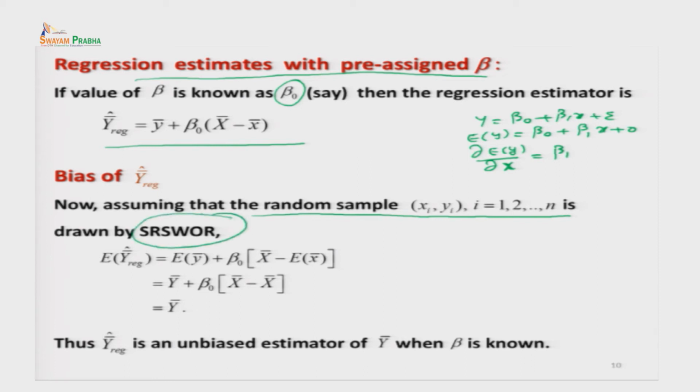When we assume the sample is drawn by SRS WOR, then at various places, whenever you want to take the expectation or the variance, you have to use the corresponding outcome. Suppose I decide to use simple random sampling with replacement, then what will you do?